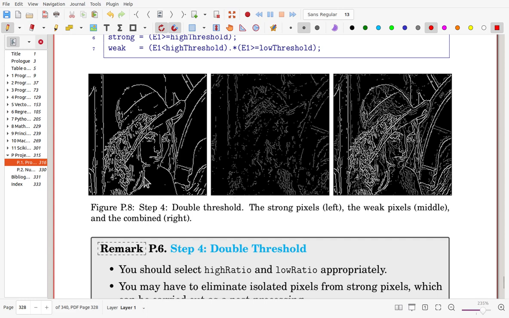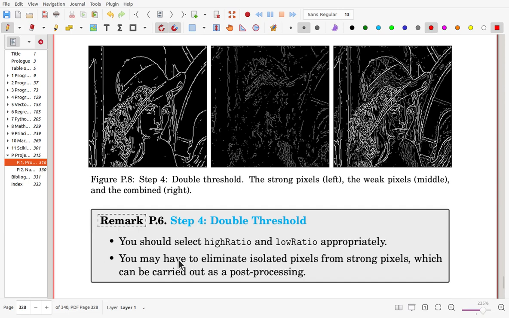Now the final edge will be more or less around there. From weak edges, some points will be added from the last step, hysteresis, and so the final output will be around there.